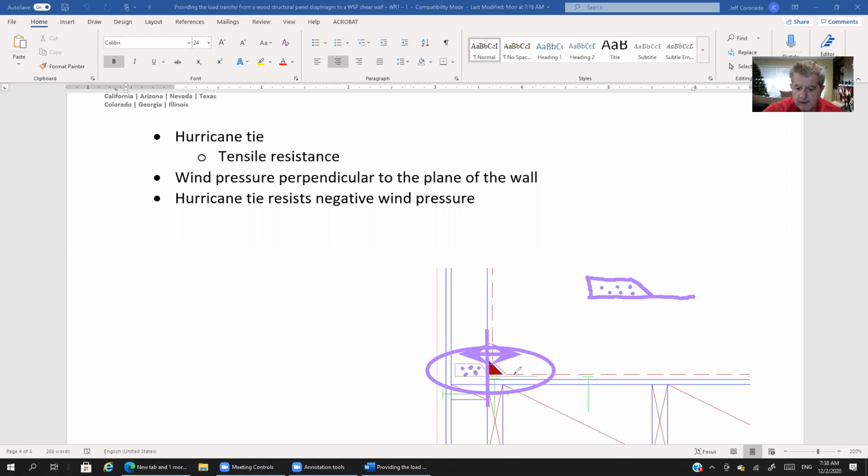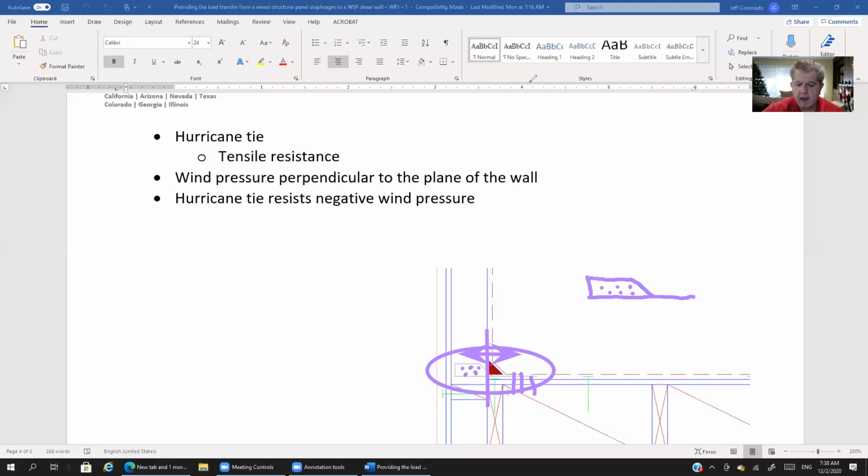So then what you have here is nails going down. So the hurricane tie allows for nails on each side of it to go in a perpendicular direction. You see that? Here the nails are out of our plane, and here the nails are in our plane. And it allows for a tensile load transfer there.